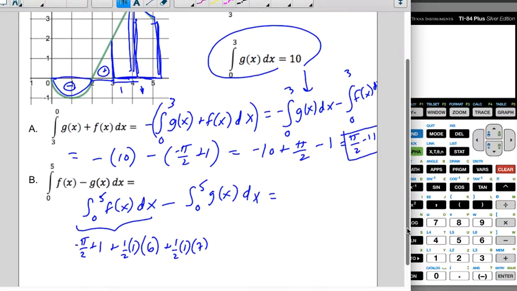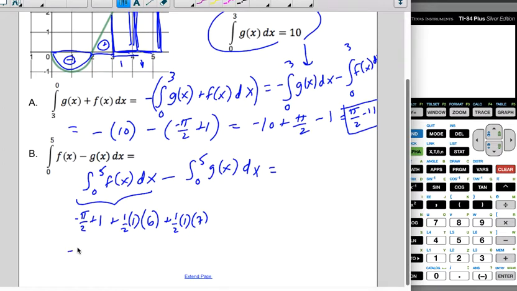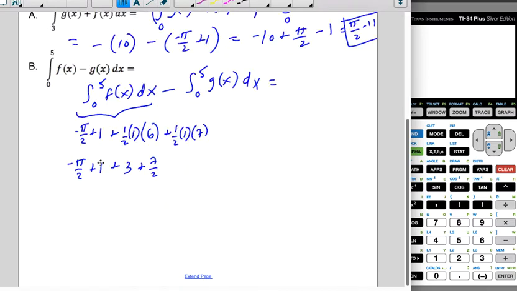So I'm going to argue that this one is a negative pi over 2 plus 1, plus a 3, plus a 7/2. Super fun. So negative pi over 2 plus 8, which would be, plus 4, which would be 8 over 2. Sorry, that was what my brain was trying to jump to. So I get negative pi over 2 plus 15 over 2, and you can do what you want with that.